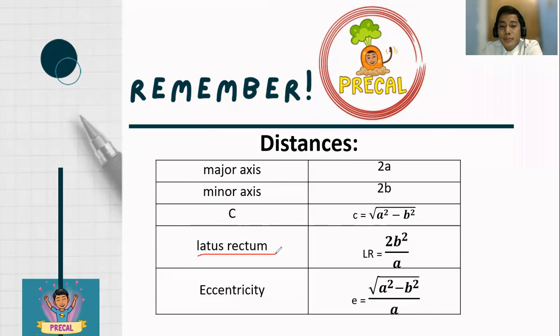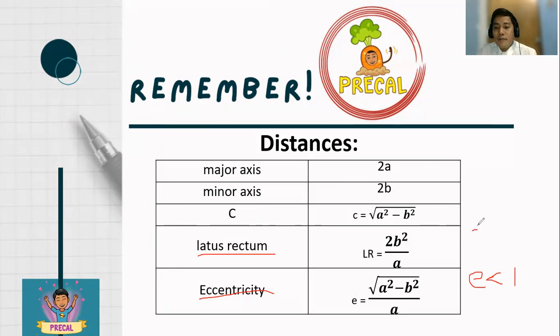The latus rectum also has a measure which is 2b squared over a, so you could measure it. And the eccentricity of an ellipse is always less than 1. So unlike the parabola, which has an eccentricity exactly equal to 1, for an ellipse it is less than 1.